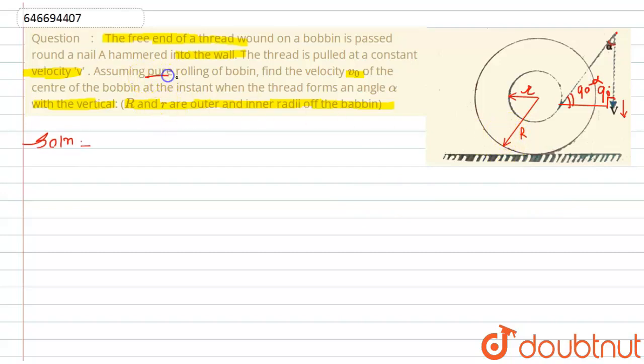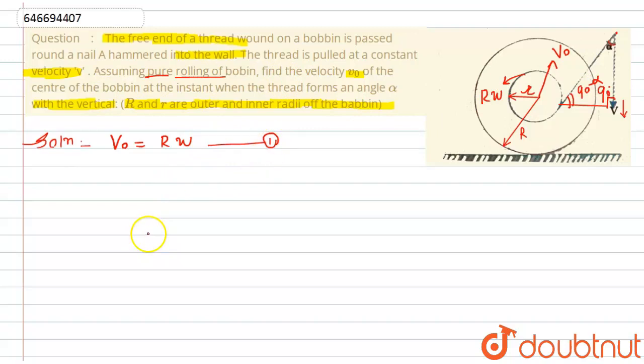For pure rolling, we know that v0 will be equal to r omega. How did we get it? It is given in the question that the velocity of the center of the body is v0, while the velocity at this surface of the bobbin is r omega. Because of pure rolling of the bobbin, v0 equals r omega. Let's suppose this is equation number 1.